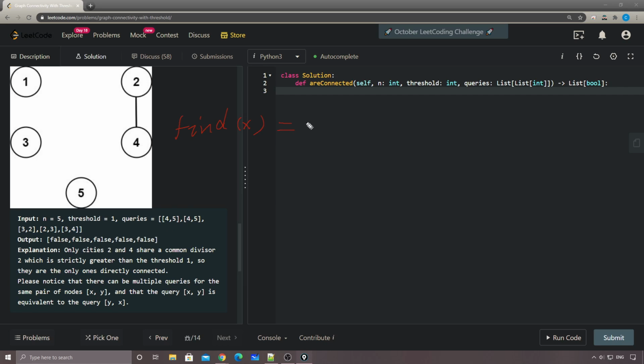If find x is equal to find y, so this is x, this is y, then after we have built the graph, x and y are in the same group. A group means they are in the same graph, which means they are somehow connected, right?